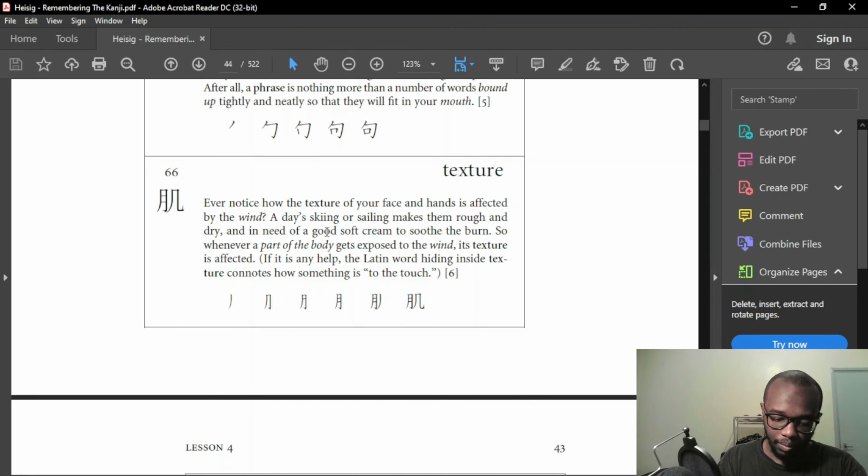The wind blows across the surface of the moon, making the texture smooth. So the surface becomes smooth. Initially it was rough and it becomes smooth. Wind blowing across the moon, making the texture smooth. Yeah, that's how I put it.